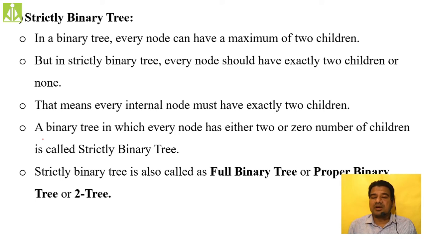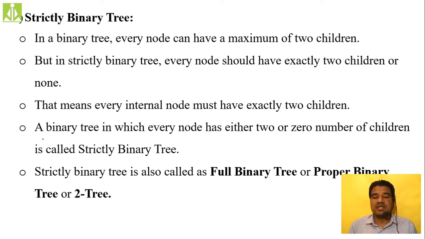But in a strictly binary tree, every node should have exactly 2 children or none. 0 or 2 is allowed, 1 is not allowed. Either 0 or exactly 2 children, nothing in between and not more than that.